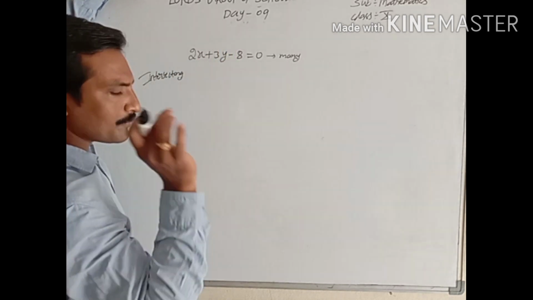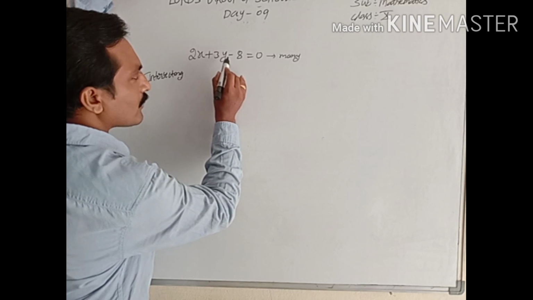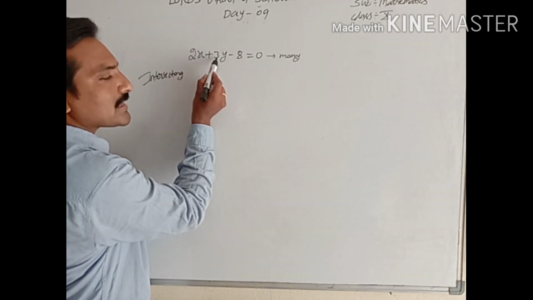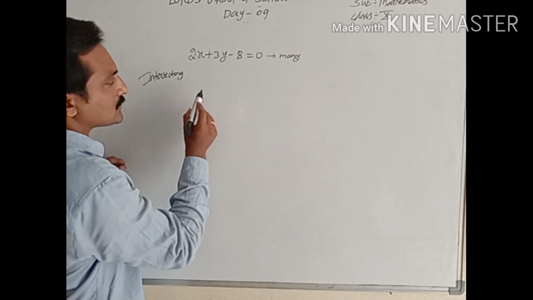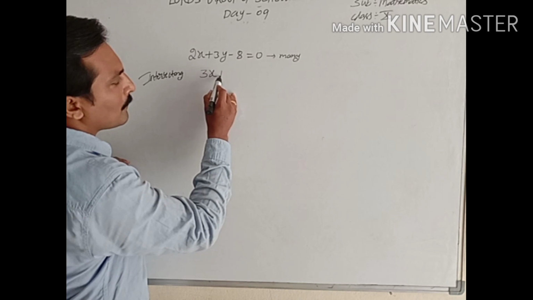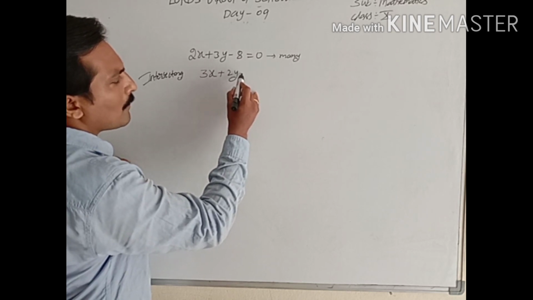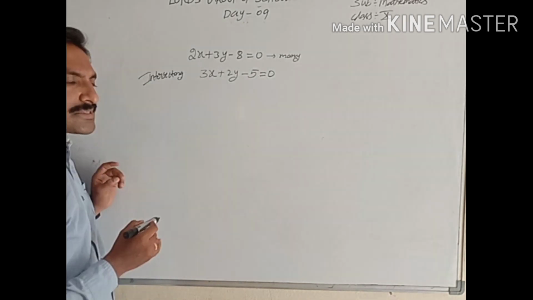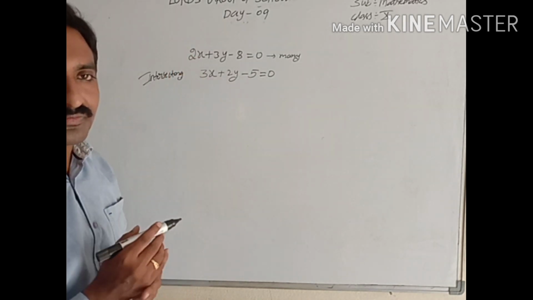That time it is very simple. In the given equation, interchange the places of the x and y coefficients. It comes to 3x plus 2y minus, as you wish, write any constant. This is intersecting with this line.